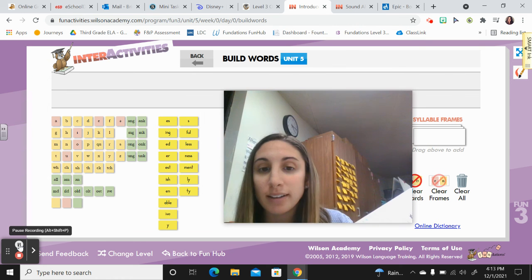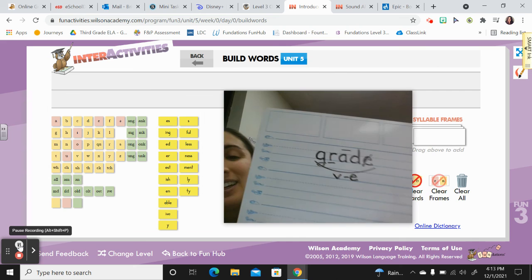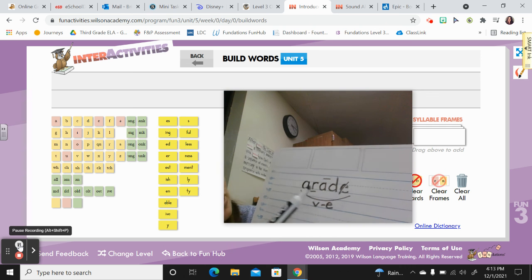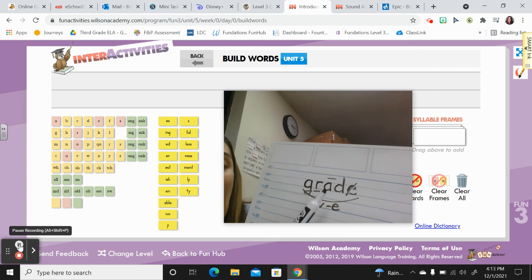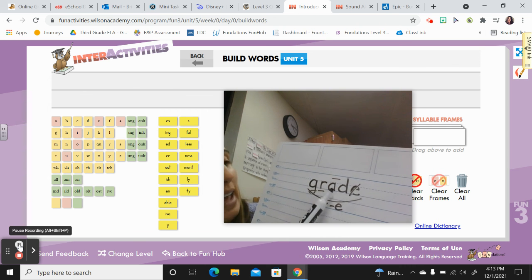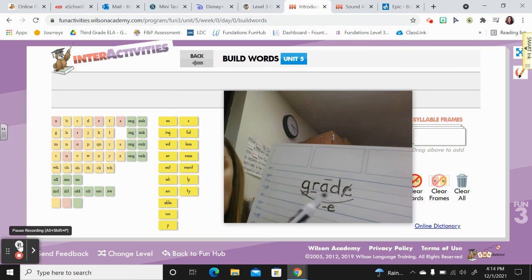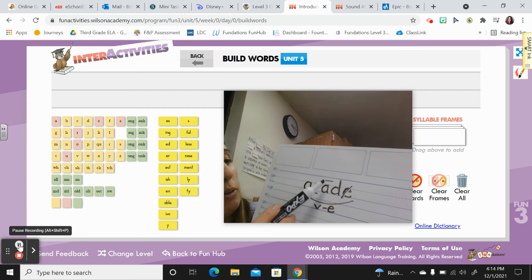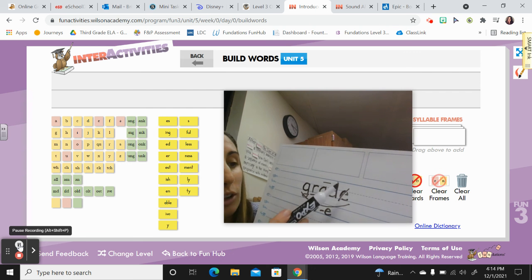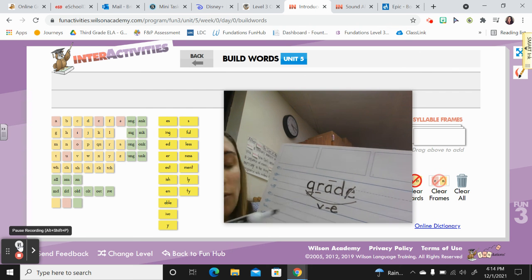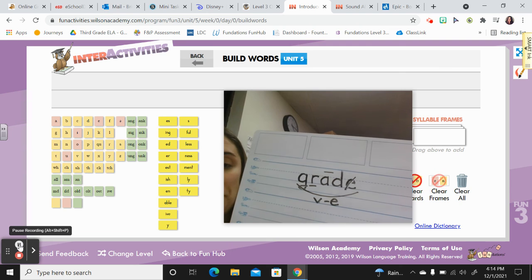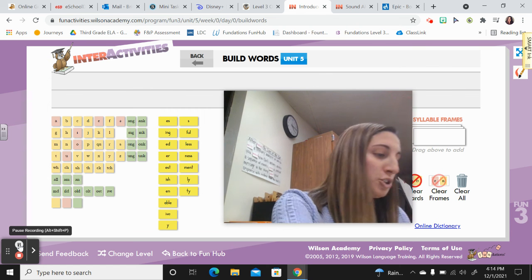Did you put grad? Remember, it should be a vowel-e word. The silent E at the end makes it say A. Grade, and we marked it up. We marked the blend. We put a macron over the long vowel, crossed off our silent E, and marked it a vowel-E syllable.